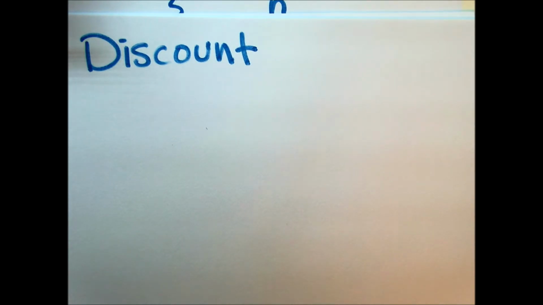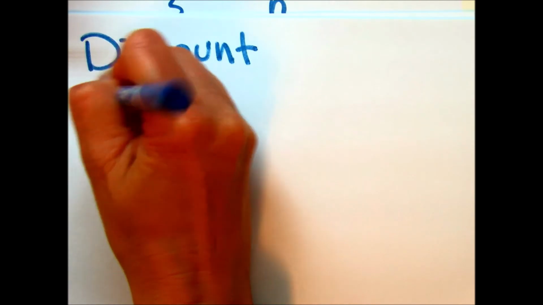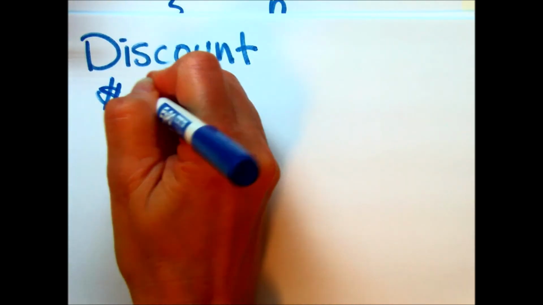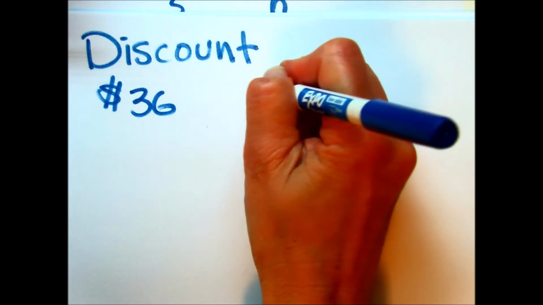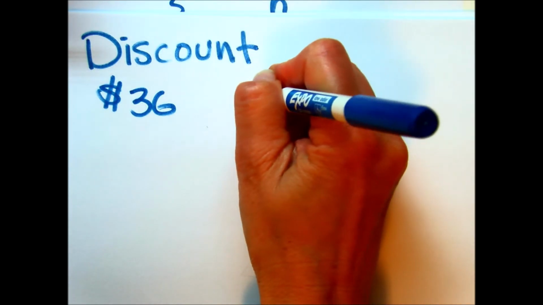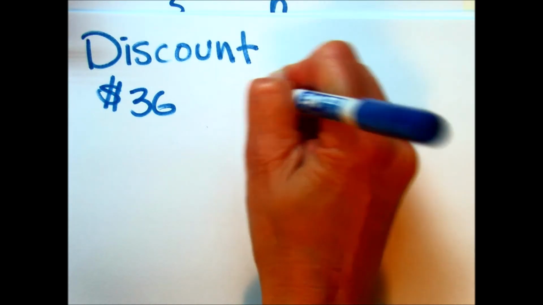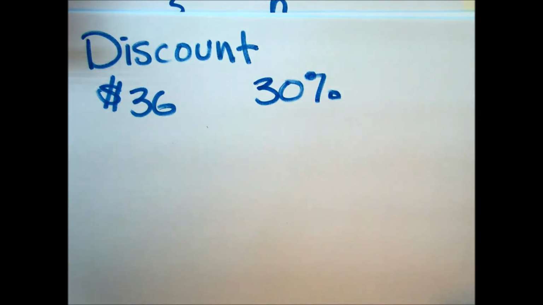But right now, let me just show you this method. Let's say you go out shopping and you find a nice sweater that costs $36, and there's a sale, and the discount is 30%. We want to know how much you're going to save and also how much you're going to pay.